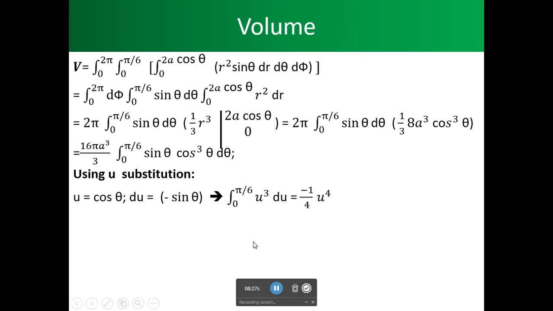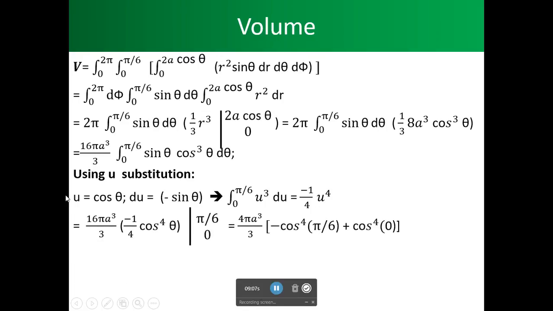And so if we integrate that, we plug this in, we have u cubed du, and so what we'll get here is a minus 1 over 4. There should be a minus here, because there's a minus in du. So we have here 1/4 u to the 4th.